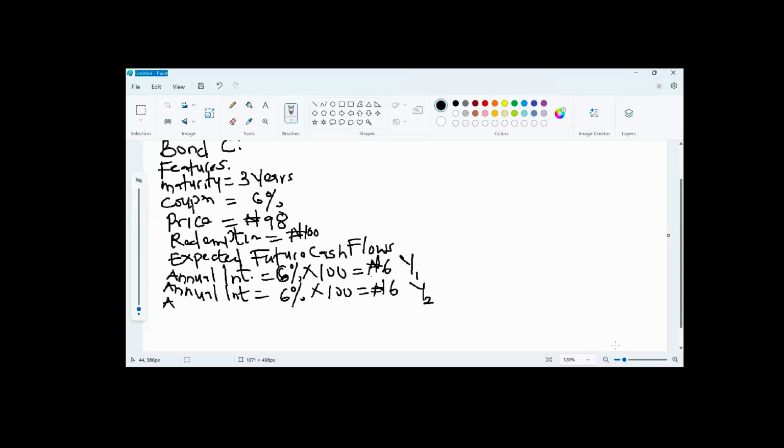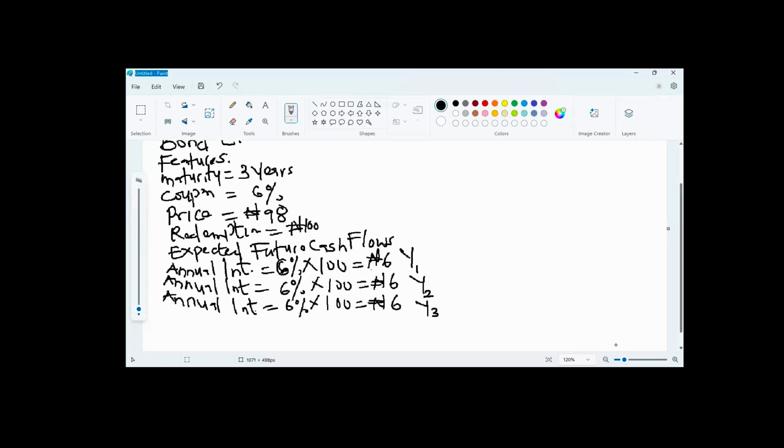Annual interest in year 3: this bond is for 3 years, 6% of 100. Also in year 3, the bond will be redeemed at par.